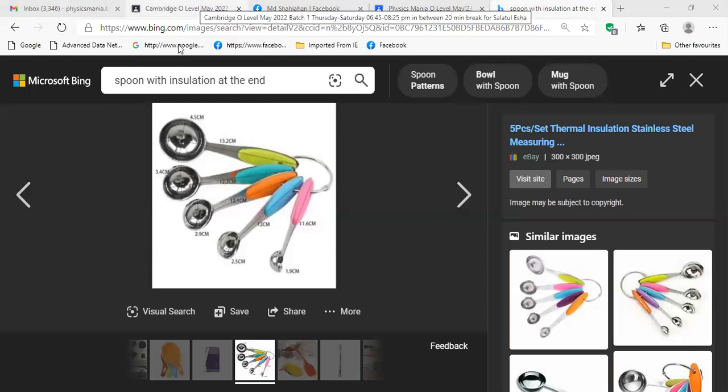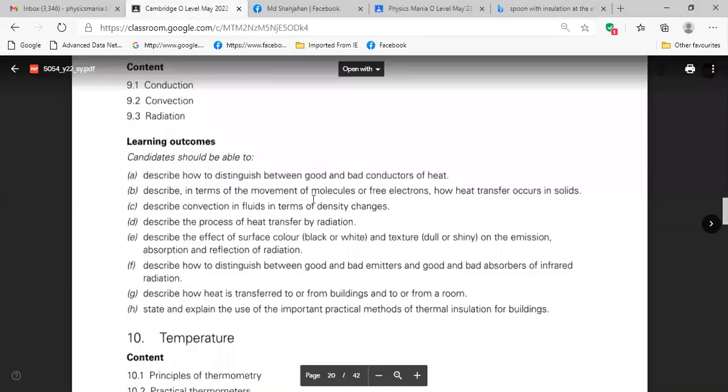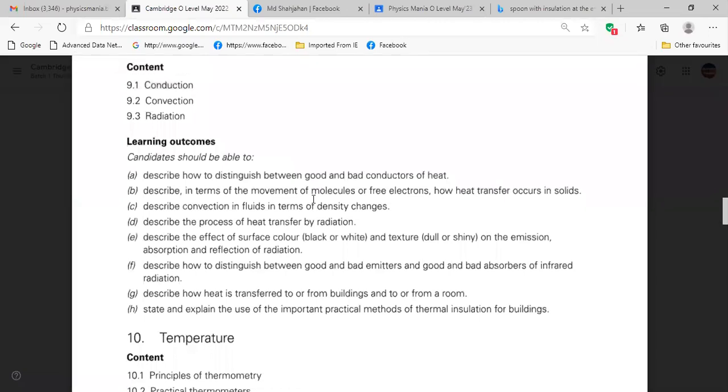In the atomic structure of metals, they have free electrons which can move freely, and they carry the heat. Is it clear to you? So that's the thing distinguishing between good and bad conductors of heat.